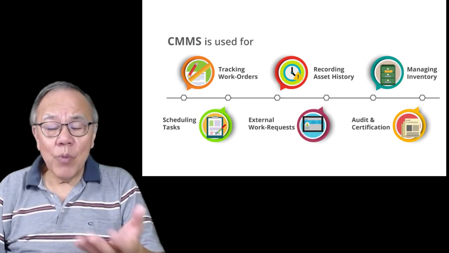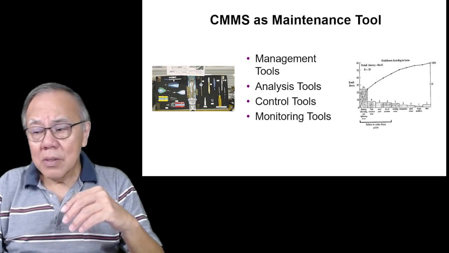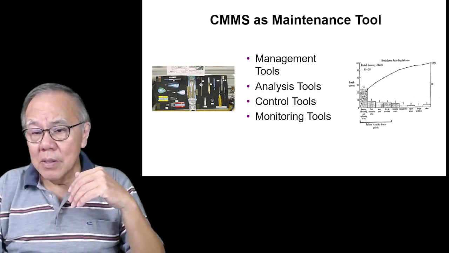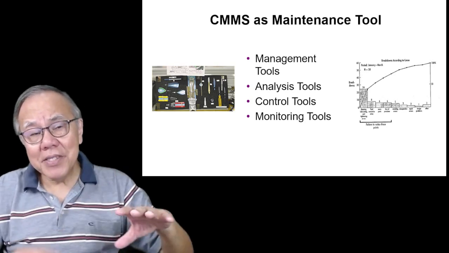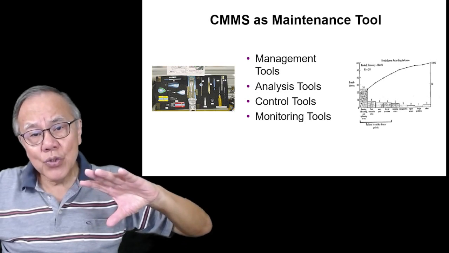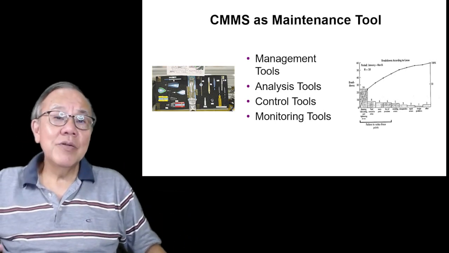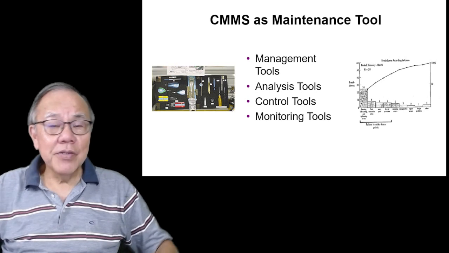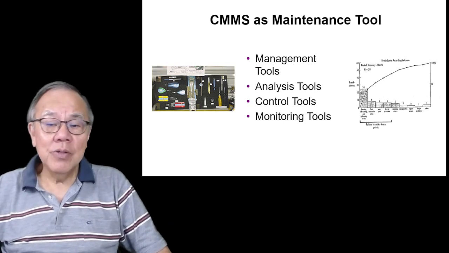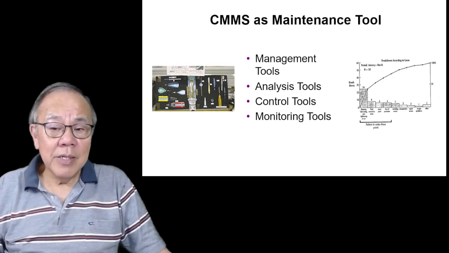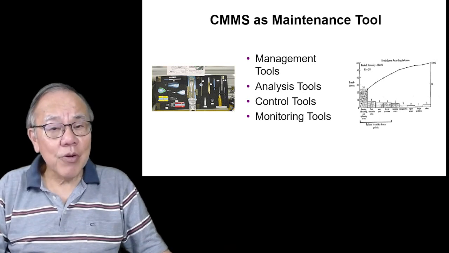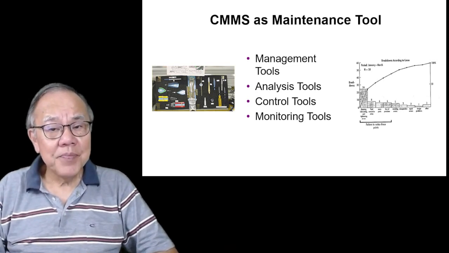And out of this, what are some of the benefits? CMMS is actually a maintenance tool, just like you use a spanner or a test pen. It's a management tool. It helps you to analyze, control, and monitor.